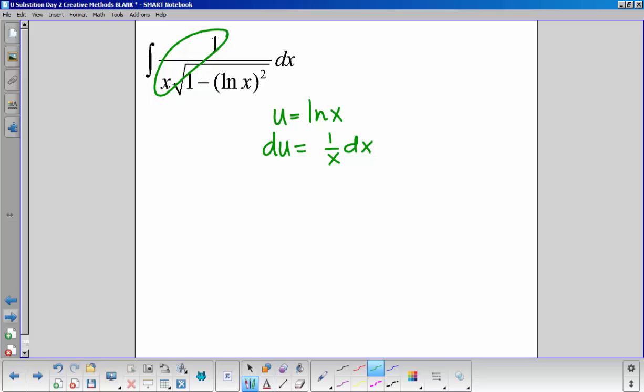And so this is going to be the integral of 1 over the square root of 1 minus u squared du.